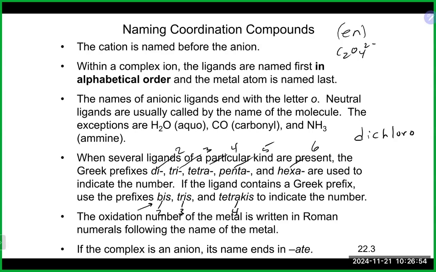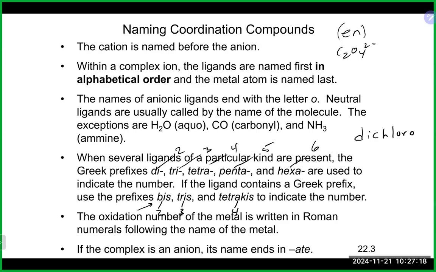And I say that because it is not the last part of the whole name. It's the last part of how you name the complex ion. Remember, the complex ion could be positive or negative. If it's positive, the complex ion name can come first, and the metal part will come after all the ligands. If your complex ion is negative, then it will come pretty much at the end of the name.